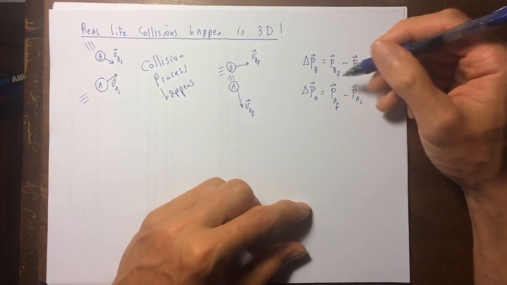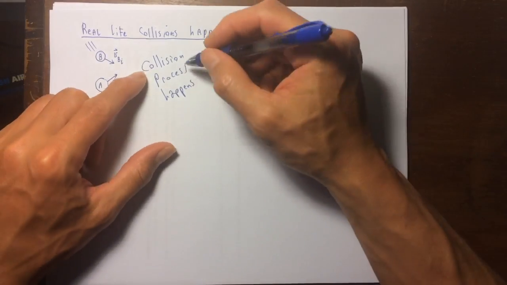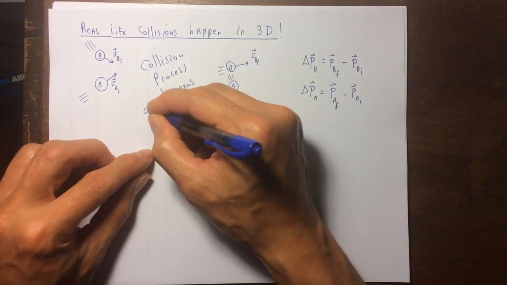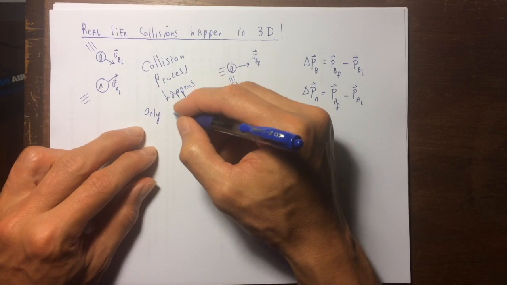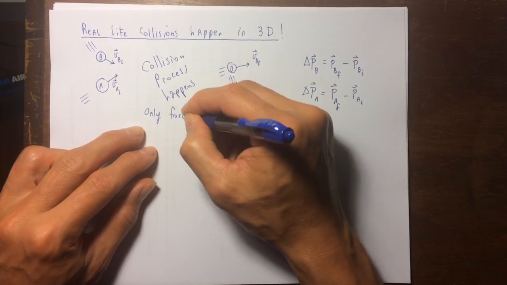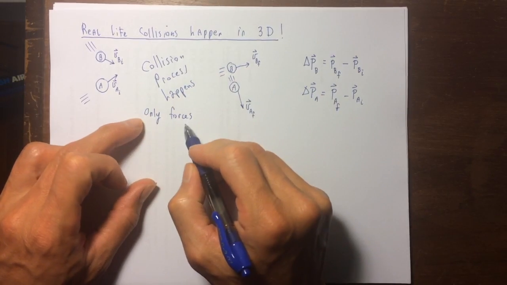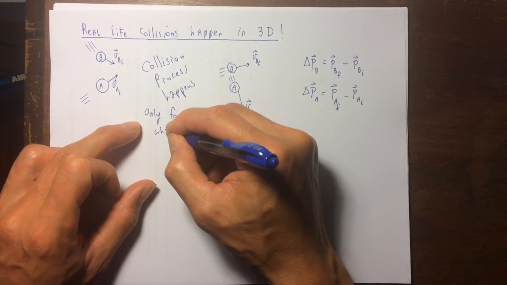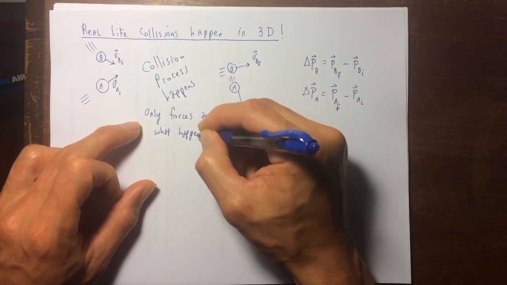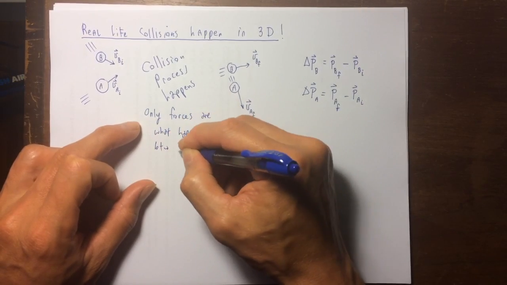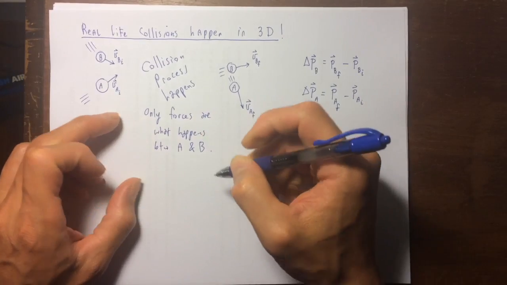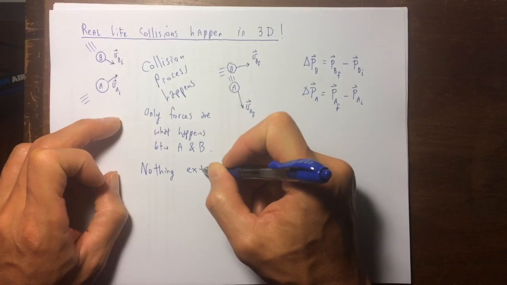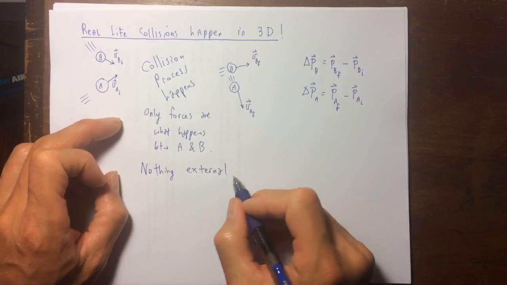All right, so let's say that this collision process happens and the only forces, that is, we can speak to the net force, the only forces are what happens between A and B. Nothing external happens, right?